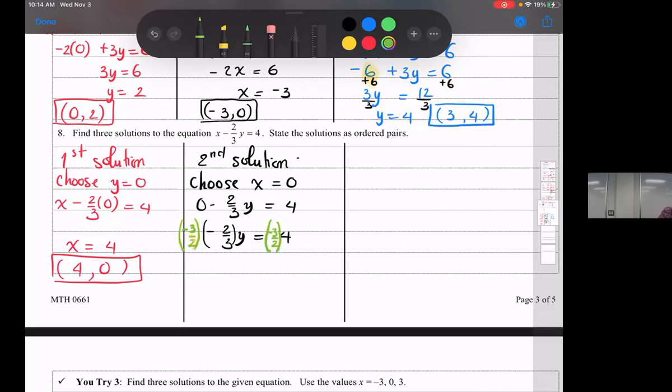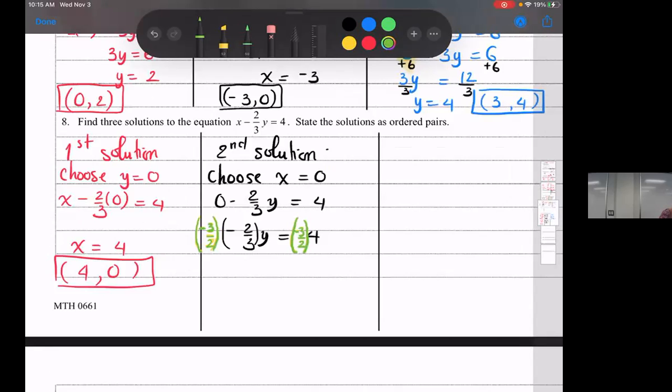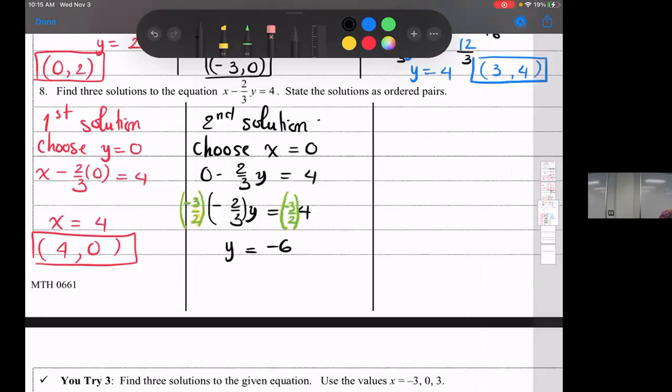Can you see now? So on the left-hand side, they're reciprocals, so they just equal 1, right? So y equals 4 divided by 2 is 2. 2 times negative 3 is negative 6. So I got 0, comma, negative 6.